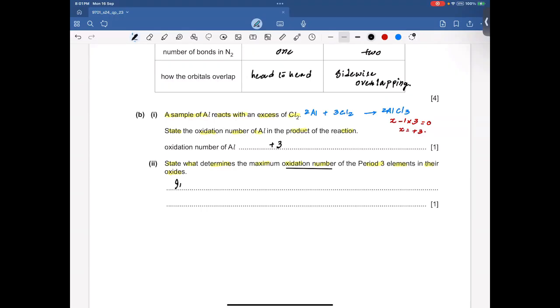So in oxides, the maximum oxidation number refers to the number of valence electrons.